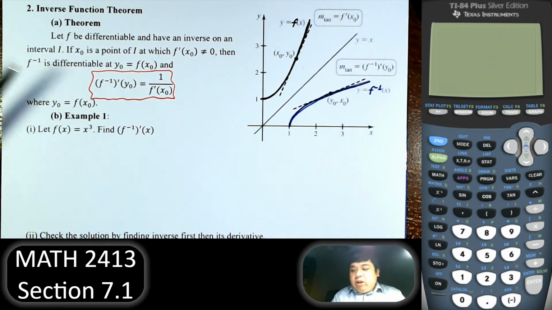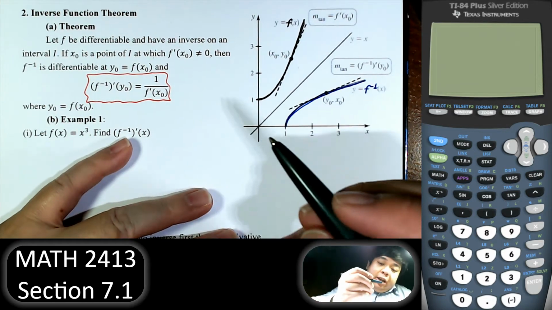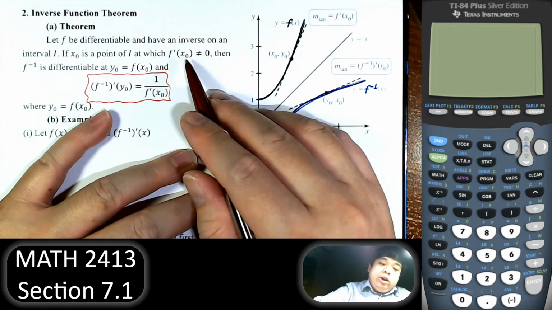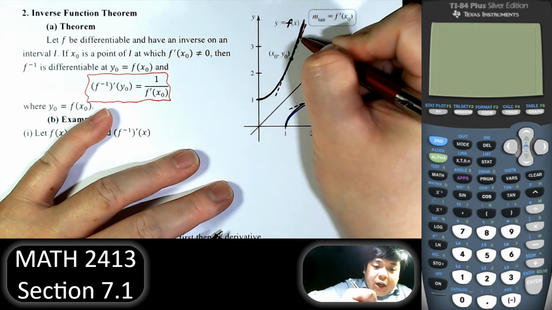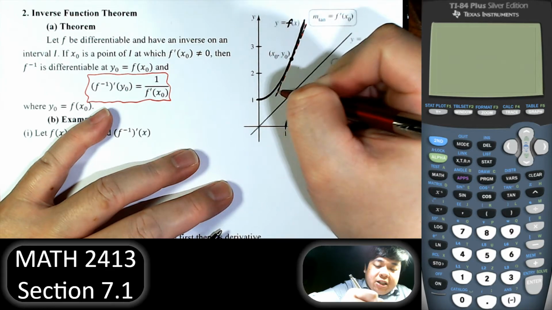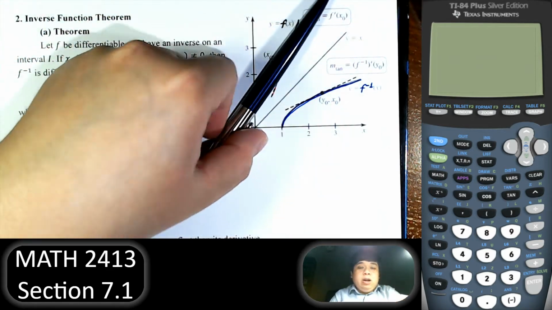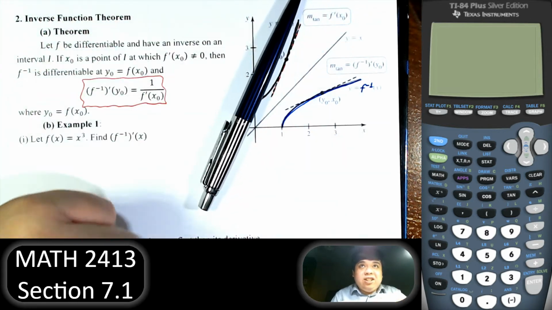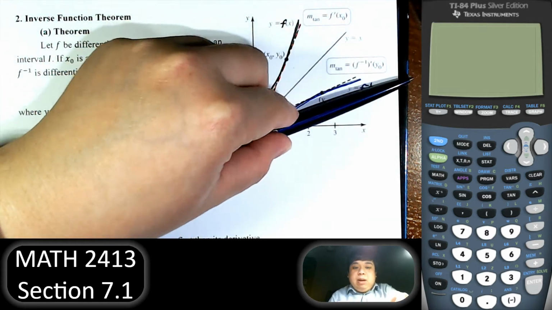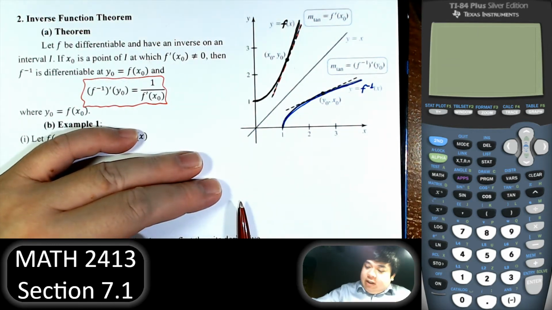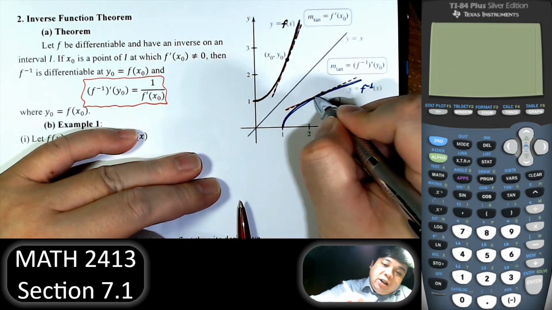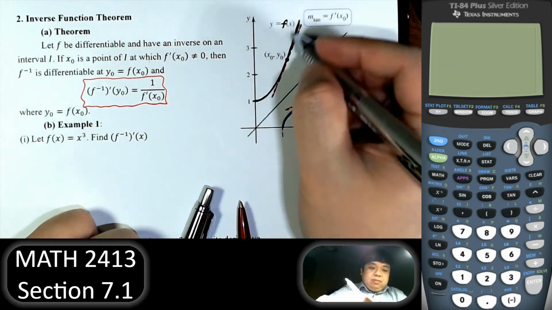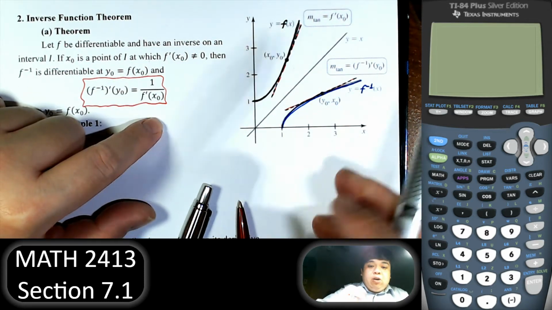Of course, it's symmetric about the line y equals x. Now, it says that if the function is differentiable and the derivative is not equal to 0, meaning we don't have a horizontal line, and it cannot be a vertical line either, so they have to be either horizontal or vertical tangent lines. In that case they can be symmetric, and we have the tangent line for the inverse function given by that, which will be the reciprocal of the other one.